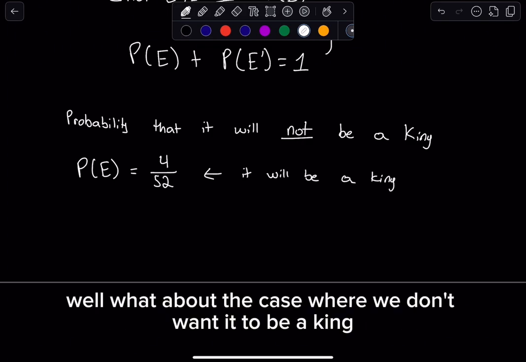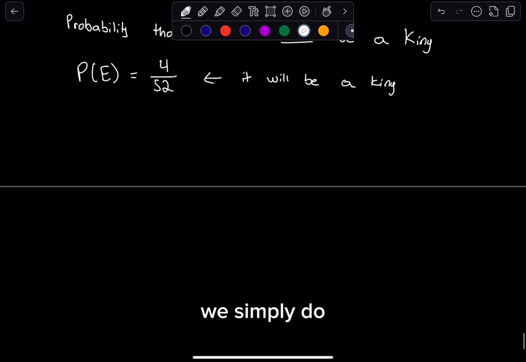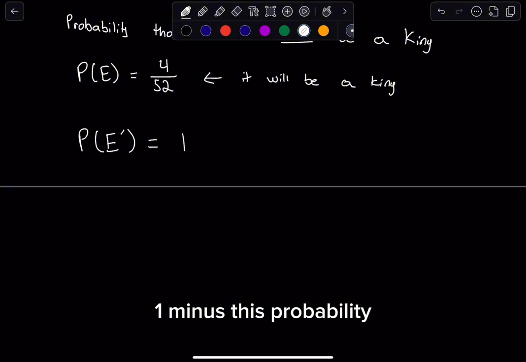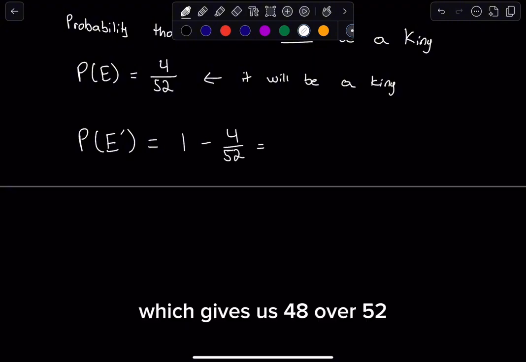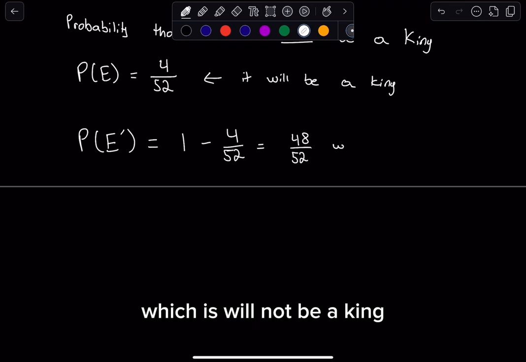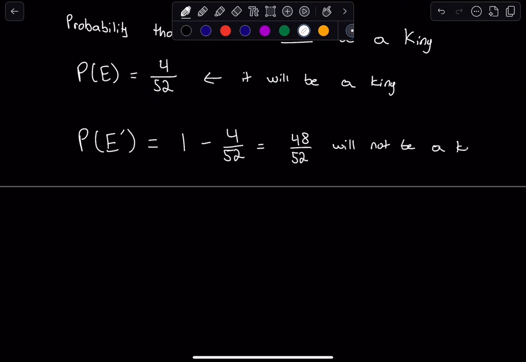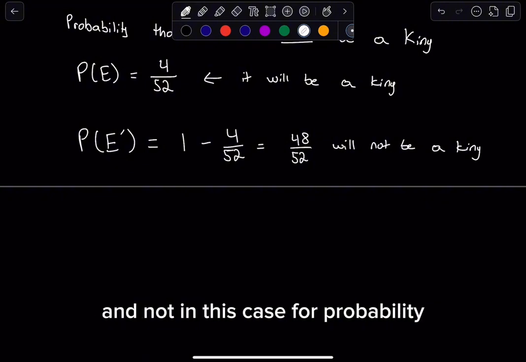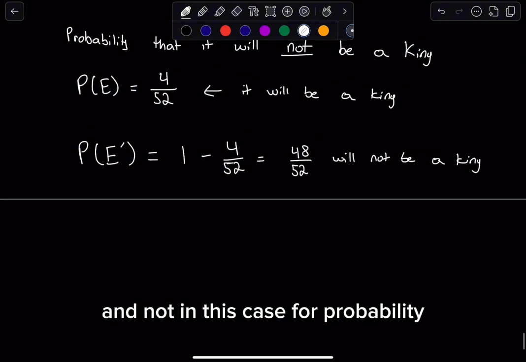Well, what about the case where we don't want it to be a king? We simply do 1 minus this probability, which gives us 48 over 52, which is the probability it will not be a king. And that's how we use complement and not in this case for probability.